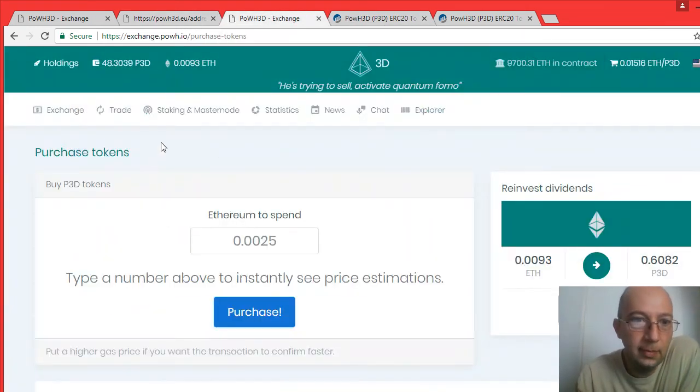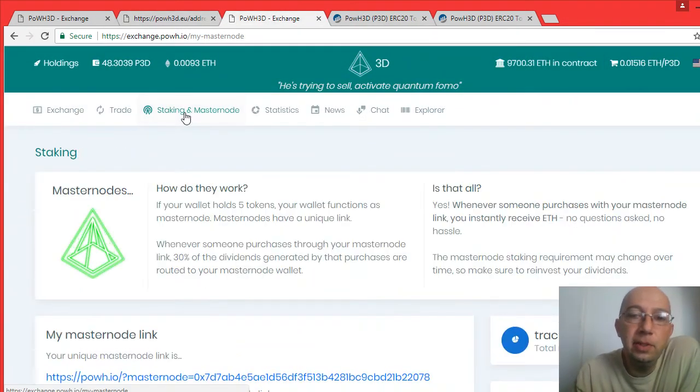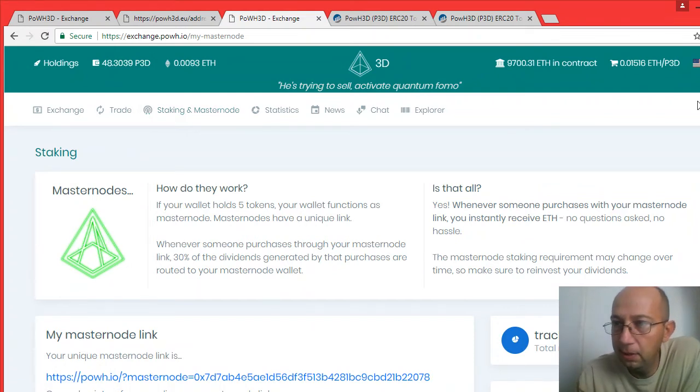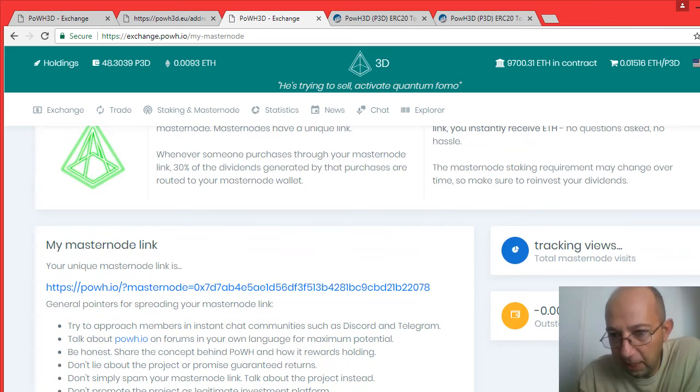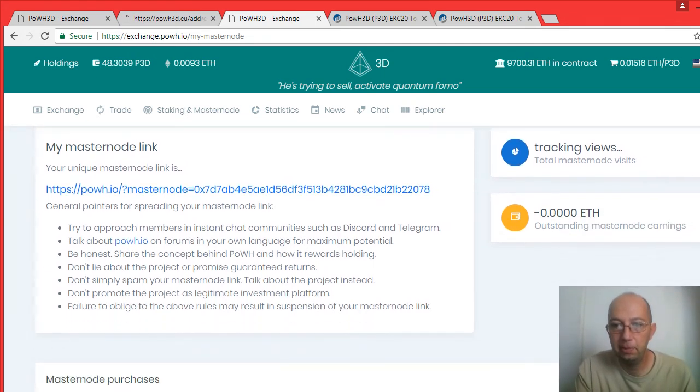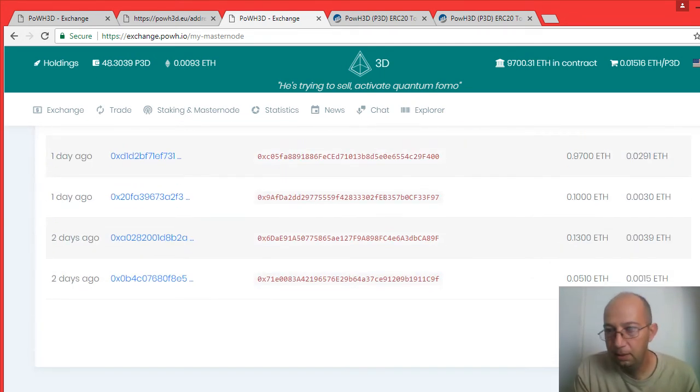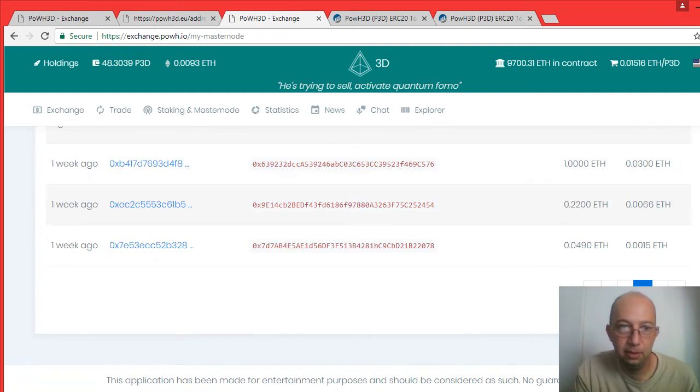I did it by accident. But if you go to your master node, it will show you how much you've made from referrals. Mine says 0 because I keep reinvesting it. But if we go over here, I've got 2 pages. And my very first referral was from me, right? 7D, 7AB.